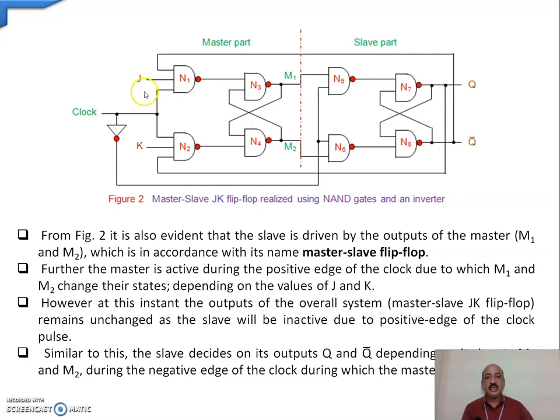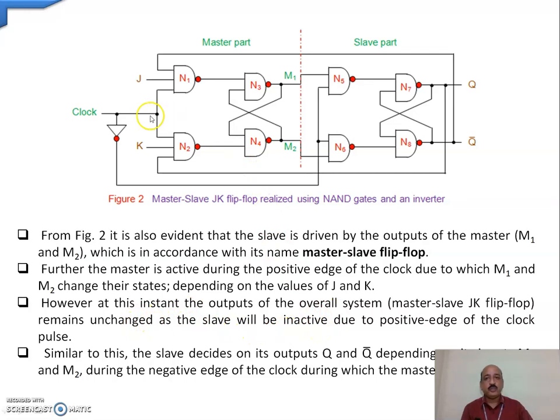Further, the master is active during the positive edge of the clock pulse, due to which M1 and M2 change their states depending upon the values of J and K. However, at this instant when the clock is positive, as it is connected to the NOT gate, it will become 0 for the slave part. So, at this instant the output of the overall system remains unchanged as the slave is inactive.